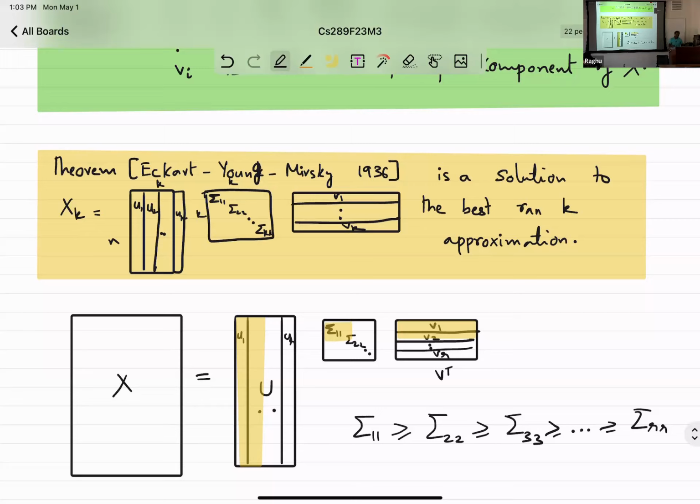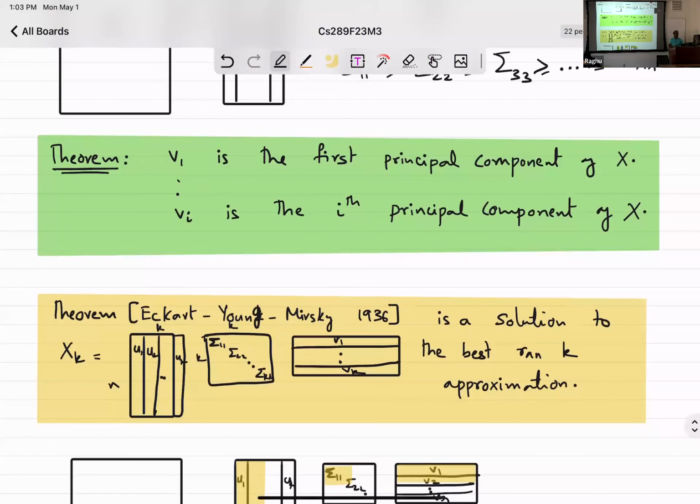So if you could compute the SVD, you solve both the problems. The first k directions V1 through Vk give us the principal components and the span of the best fit subspace problem, and they are orthonormal. They're norm one, they're perpendicular to each other, so they give us a perfect, nice orthonormal basis for the best fit subspace.